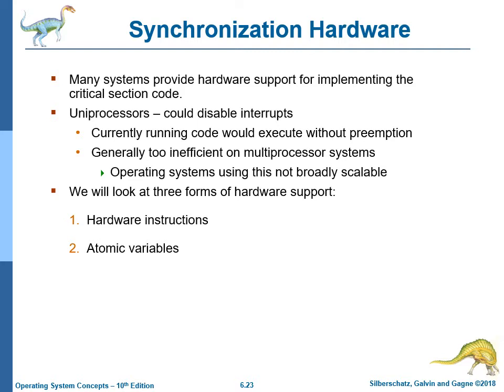So in these slides, we will explore several more solutions to the critical section problem using techniques ranging from hardware to software-based APIs, which are available to both kernel developers and application programmers. All these solutions are based on the premise of locking, which means they protect critical regions through the use of locks. As we shall see, the designs of such locks can be quite sophisticated.